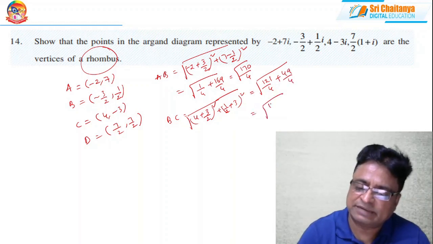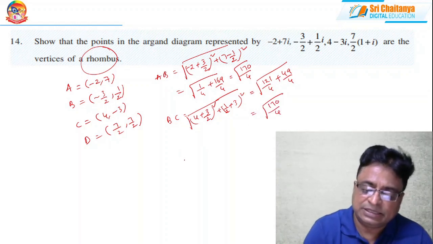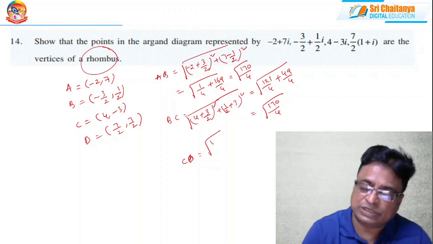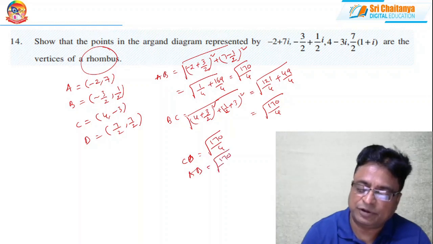Again it is root of 170 by 4. Similarly, CD, that is also root of 170 by 4 you will get. AD, that is also root of 170 by 4 you will get.